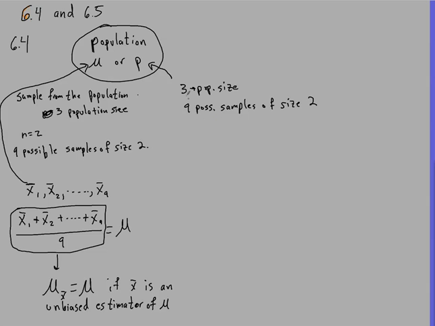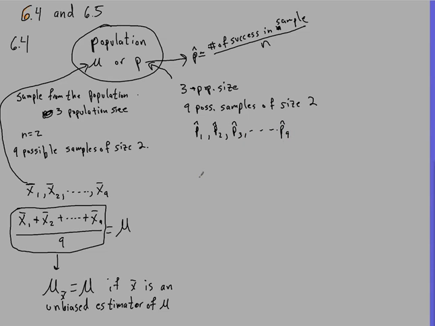When we sample from a proportion population, the statistic is p hat. P hat is equal to the number of successes in your sample divided by the sample size. So you'd have 9 p hats: p hat 1, p hat 2, p hat 3, all the way to p hat 9.